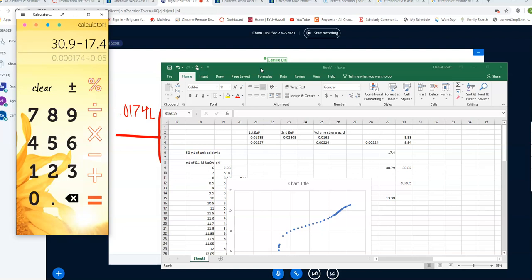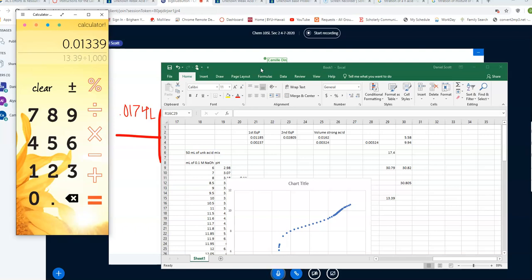So 30.79 minus 17.4 is 13.39. Okay. And then that's the volume, right? Yes.